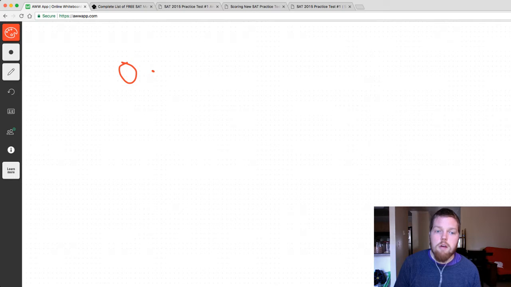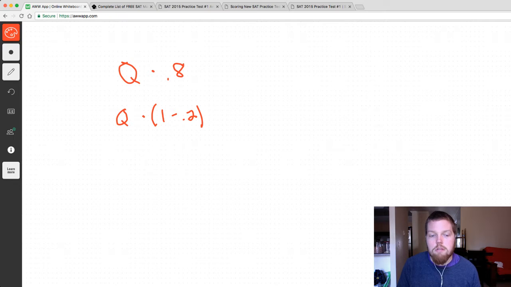So we're going to multiply that by 0.8. Or I could write it as, we'll call it Q, since O looks like 0, Q times 1 minus 0.2, which would be 100% of the price minus the 20% discount.